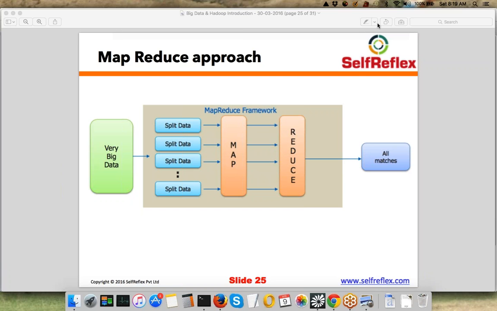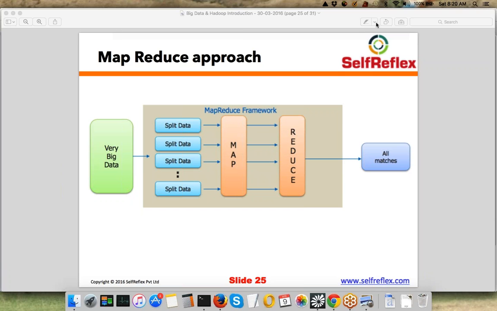That shuffling and sorting is basically to ensure that the same keys go to the same reducer, and you can run multiple reducers also. I'm not going to get into details of that in this session because that will be too confusing, but that is something you can go and read, or you can maybe attend some other session from us where we can discuss that in detail.